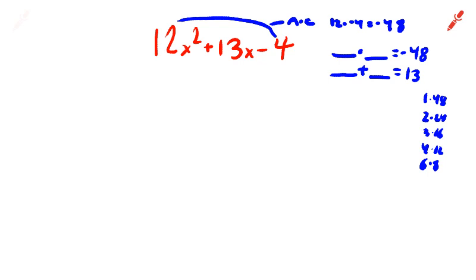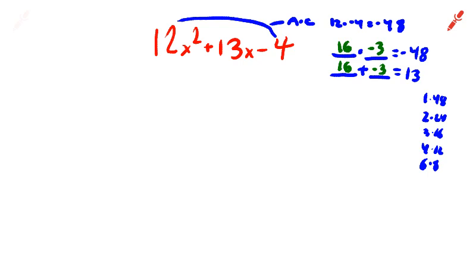And then we can see from this list 3 and 16 is a possibility. To get positive 13, we'll want to use positive 16 and negative 3 in order to satisfy both of the conditions that we need.